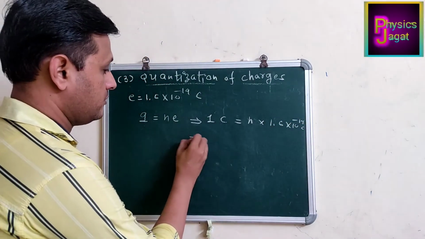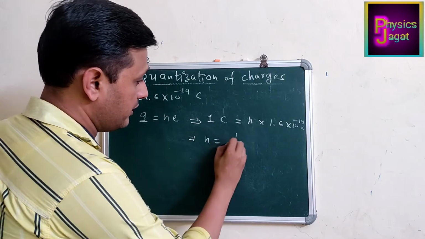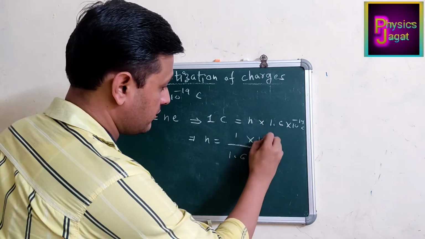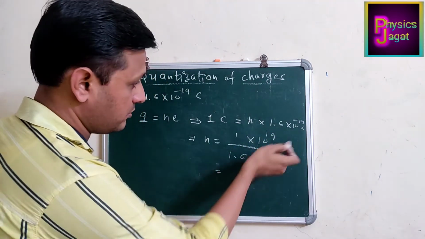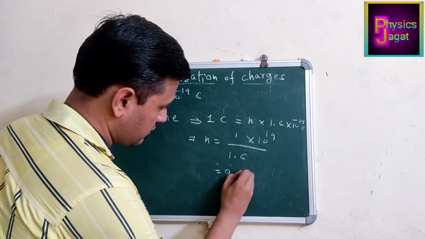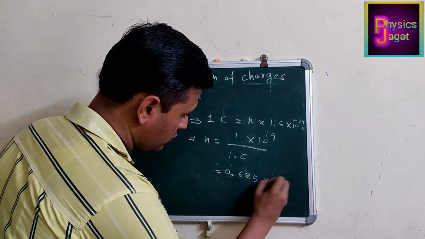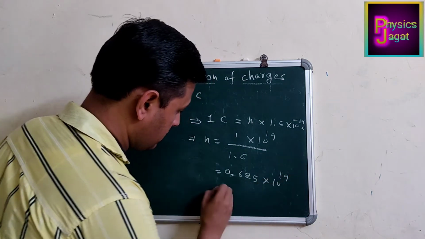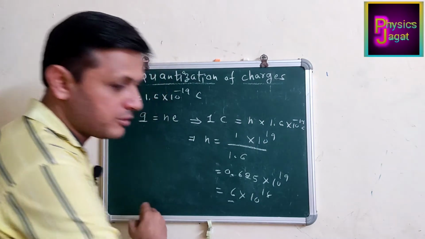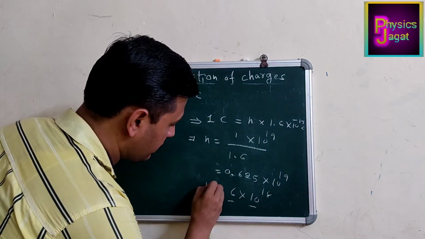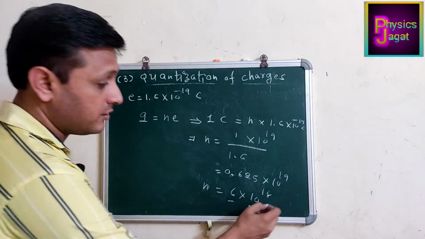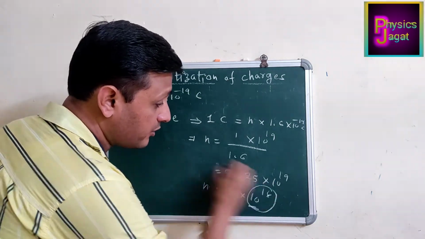N is equal to 1 divided by 1.6 times 10 to the power minus 19, which gives 0.625 times 10 to the power 19, so about 6 times 10 to the power 18. That many electrons are in 1 coulomb of charge.